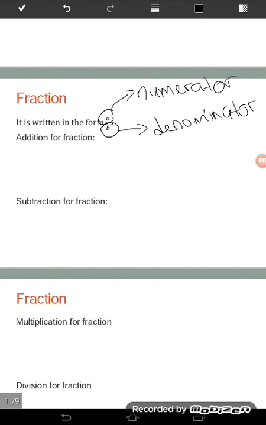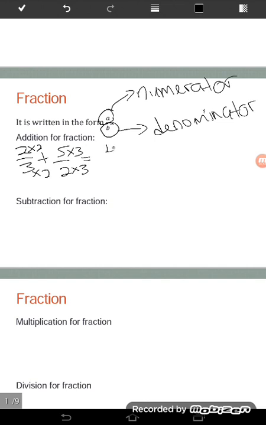Okay, so addition of fractions. How do we add two fractions? For example, 2 over 3 plus 5 over 2. First you need to make the denominators the same. So the first one times by 2 and the numerator also times by 2, and the second one times by 3 and the numerator also times by 3.